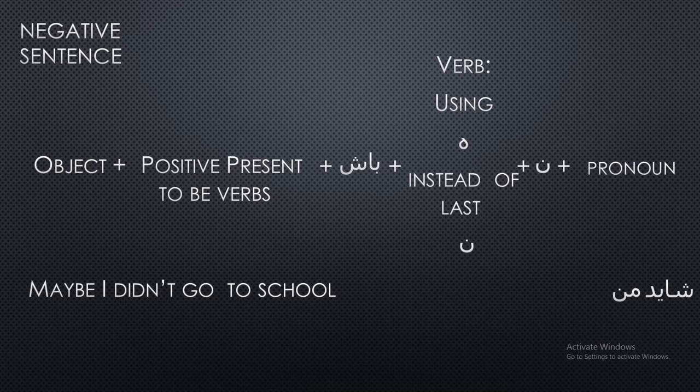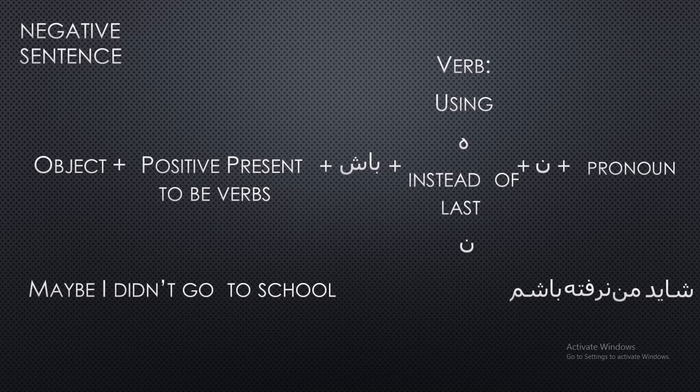Our verb is going, which means رفتن, but we use he instead of its last name, so we have رفته, and using ne before that gives us نرفته, and after that we use باش plus the positive present to be verb, which should be proper for our pronoun.